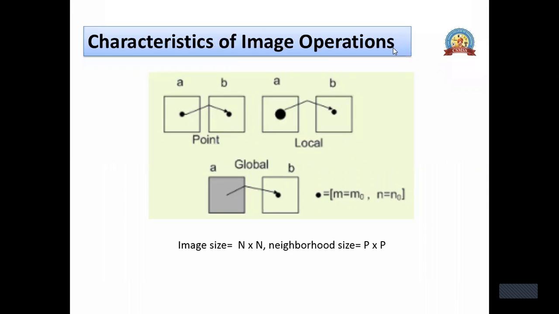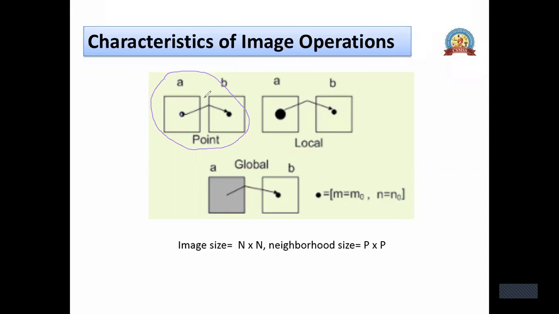This is point operations, where only one point from the source image is taken, that is one pixel, operated on and replaced.